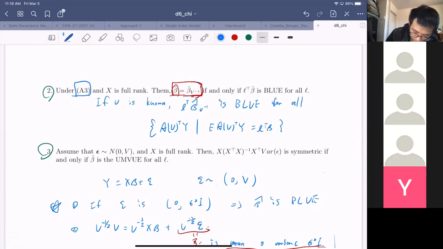So this is the set of linear unbiased estimators.